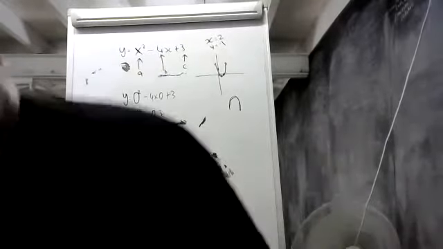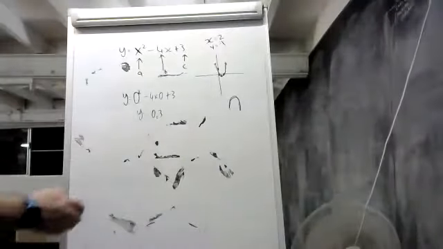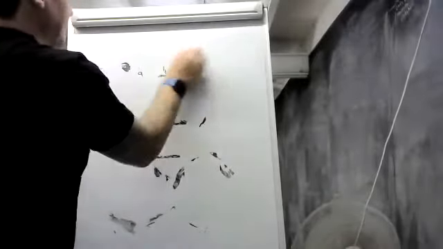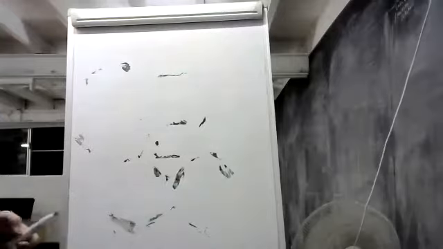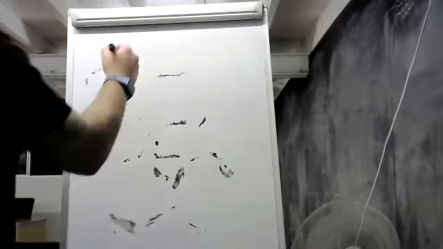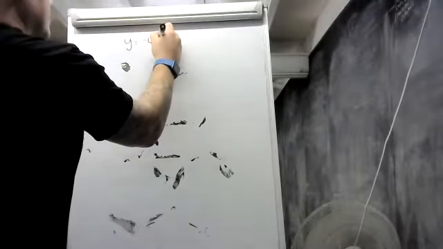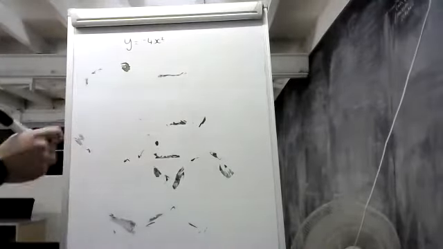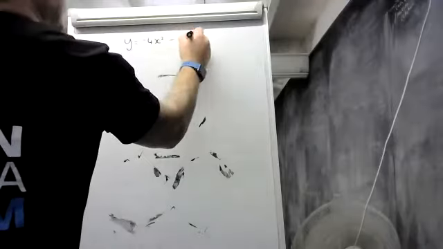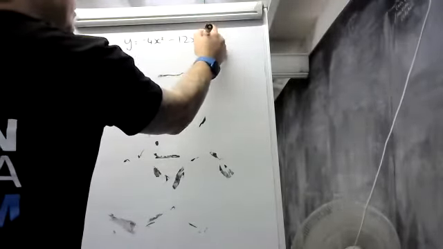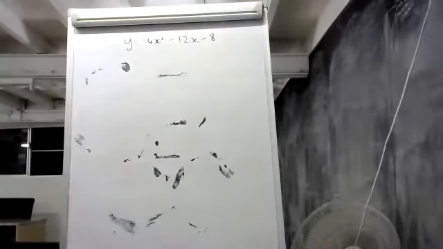I want you guys to try and have a go yourselves. So y equals minus 4x squared minus 12x minus 8. I'm going to give it again.